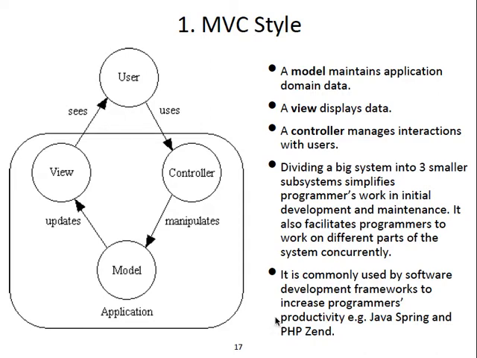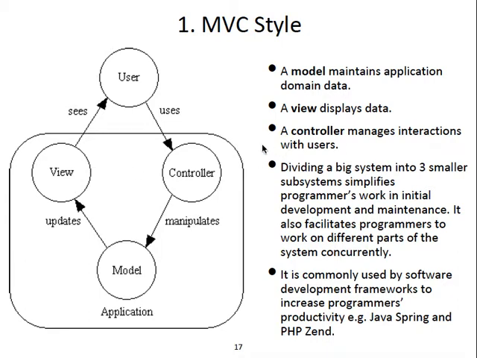And how about software maintenance? In maintenance, if I tell you that I want to update how the display is shown to the user, and the system is built with MVC, then you know you only need to go to the view component.